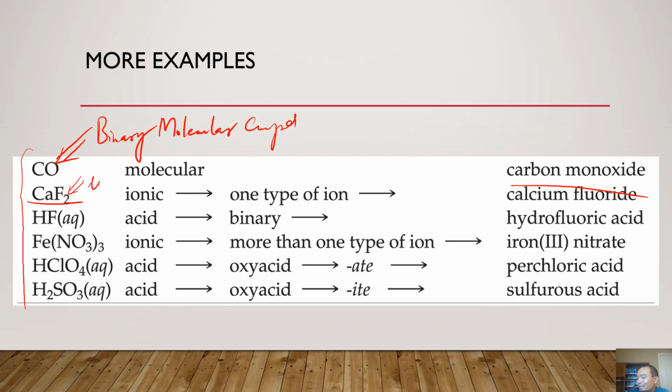So this is an ionic compound. For an ionic compound, you name the corresponding cation and anion, put it together, and then take away the ion portion. So calcium ion plus the fluoride ion, it's calcium fluoride, not calcium difluoride, because for ionic compounds, you don't use the prefix. In binary molecular, you do.